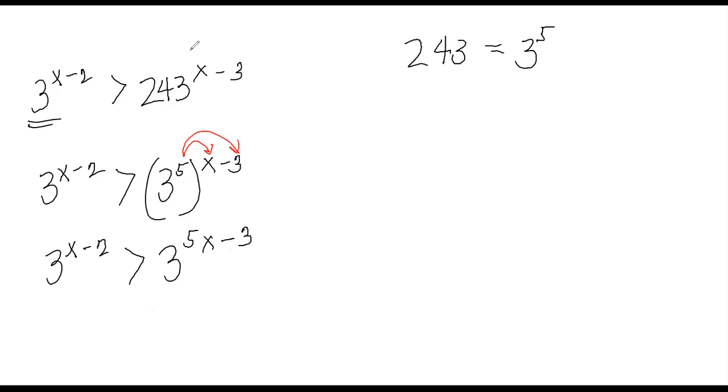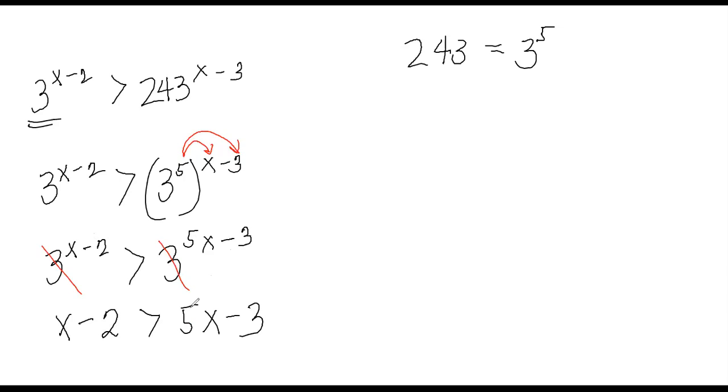Since they already have the same base, cancel the base and then bring down the exponent. So we have x minus 2 is greater than 5x minus 3. And then, transpose or combine like terms.